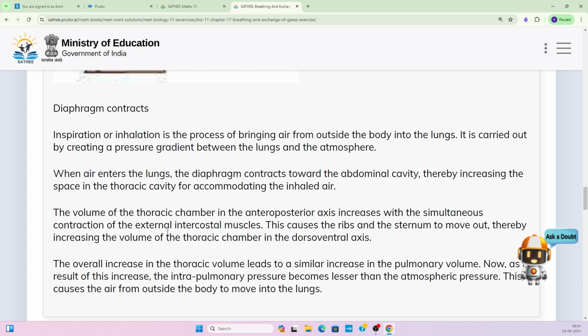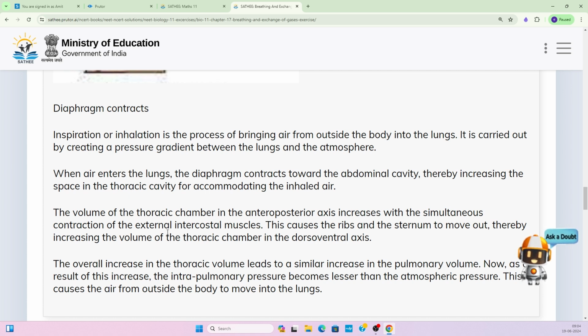So the diaphragm moves downward and increases the space in the thoracic cavity for accumulating the inhaled air.